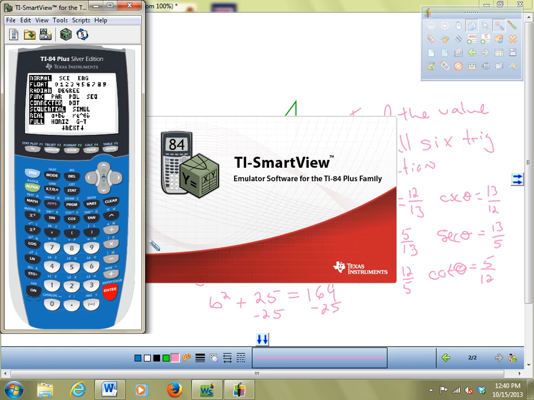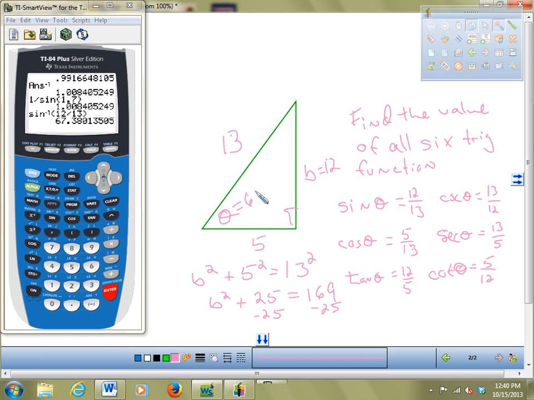If I want to know what angle has a sine of 12 over 13, that's where you use second, sine. How would you do it on paper? You can't. You have to use a calculator. Inverse sine of 12 over 13 tells you that angle is about 67.38 degrees.